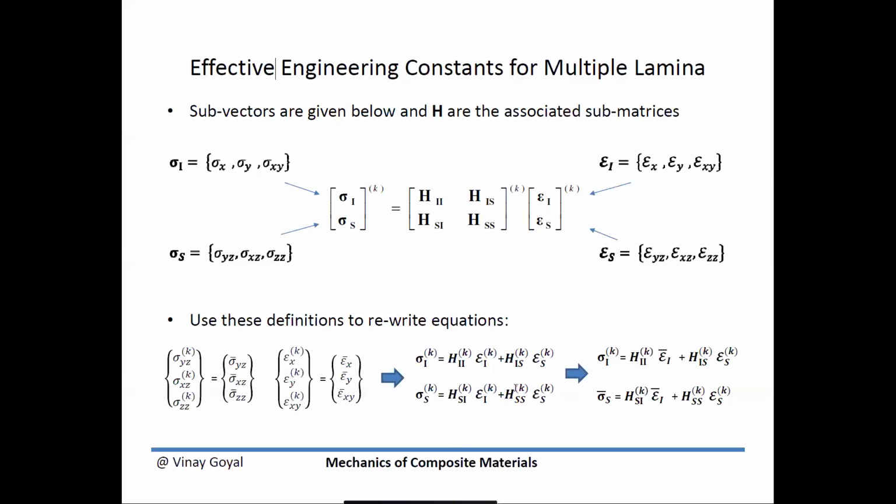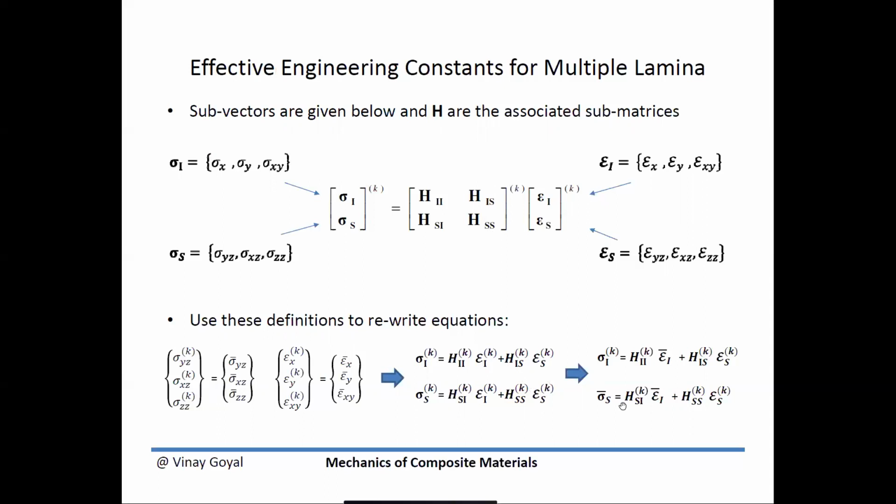And what I realize here is that epsilon I superscript k is simply epsilon I bar. I know that because this is the in-plane. We already said that the in-plane strains are the same for every ply, and they're homogenized in this manner. So I know that epsilon I superscript k is already homogenized as epsilon I bar.